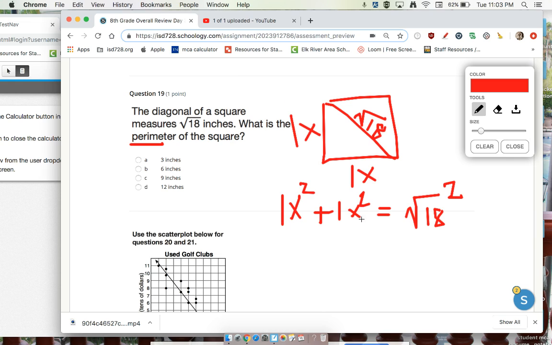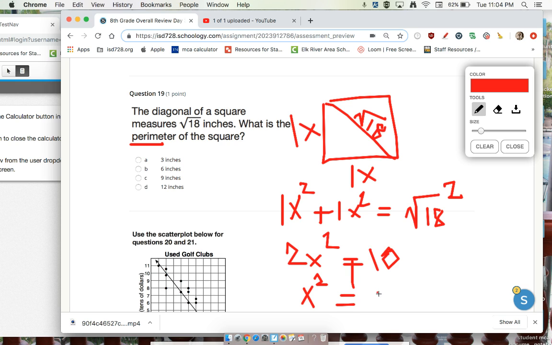So 1x squared and another x squared is 2 of them. So 2x squared is equal to, and we did this in the calculator, it turned to 18. Now I'm going to get my x squared alone, so I'm going to go ahead and divide by 2. That's an 18. Divide by 2, and you get x squared is equal to 9.